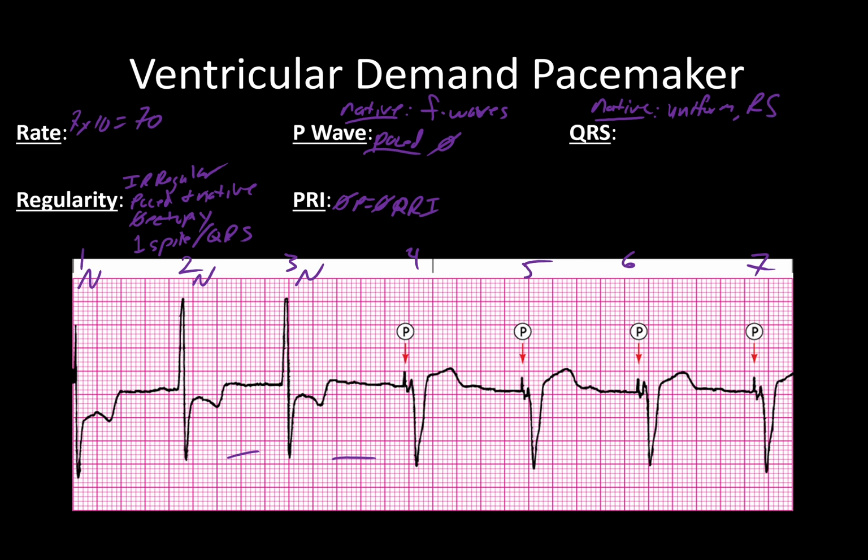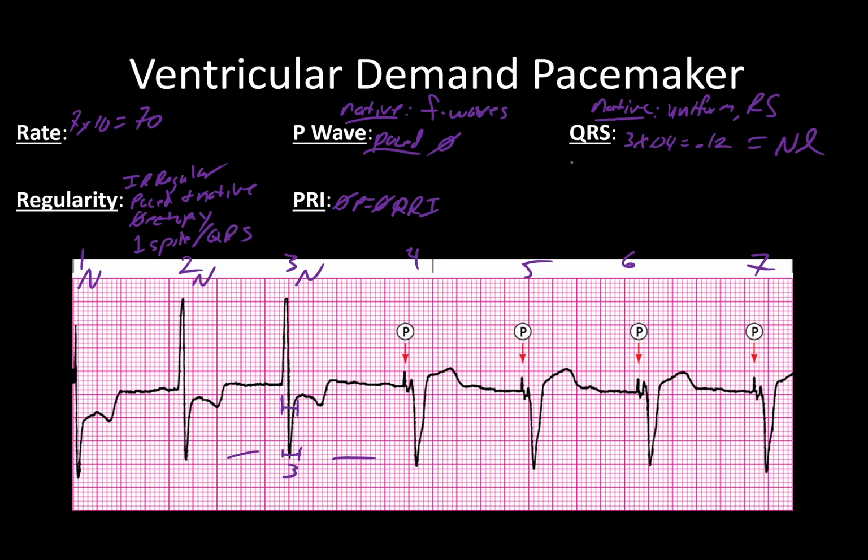And our width, if we measure that out, we'll just go with this third beat here, is somewhere between here and here. I don't like that as much, so I'm going to go down here. We've got 1, 2, 3-ish. So we'll go 3 times 0.04 equals 0.12. So it's right on the edge of being normal.